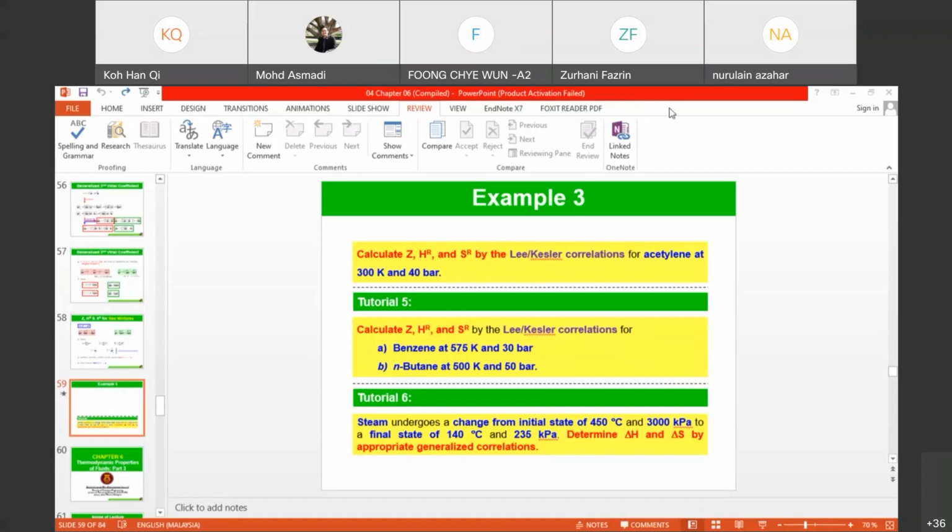We have a class on Tuesday, and I want to know the answer, for H R, S R. Please give me the answer. If nobody answers this, I will just put it in the assignment, so your assignment will become more.